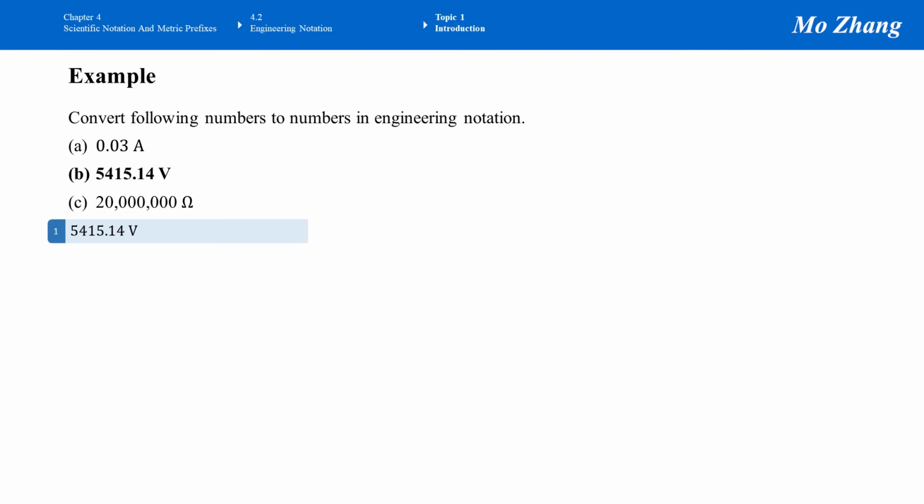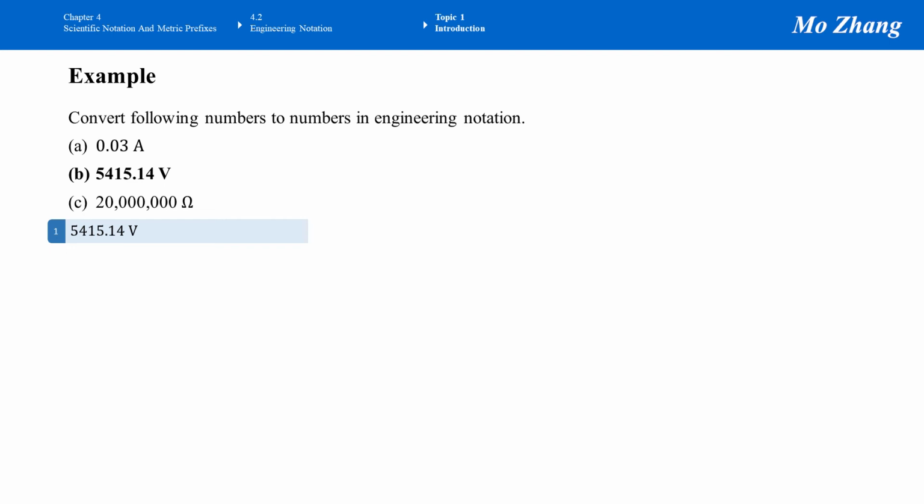Let's take a look at the second number, 5415.14 volt. We want to express the number in equivalent engineering notation. For a number expressed in engineering notation, the exponent needs to be a multiple of 3. 5415.14 volt is 5415.14 times 10 to the power 0.